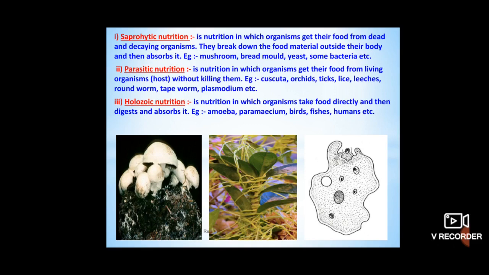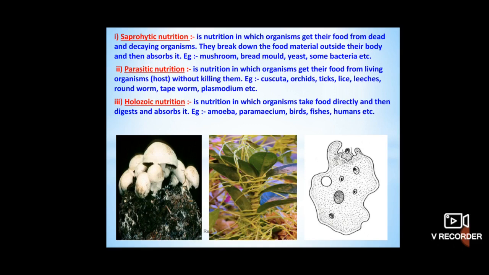So if you take the saprophytic mode of nutrition, they get nutrients and food from dead and decaying organisms. Parasitic means it requires a living organism or host for survival. And holozoic nutrition is the one in which organisms take food directly and absorb it.